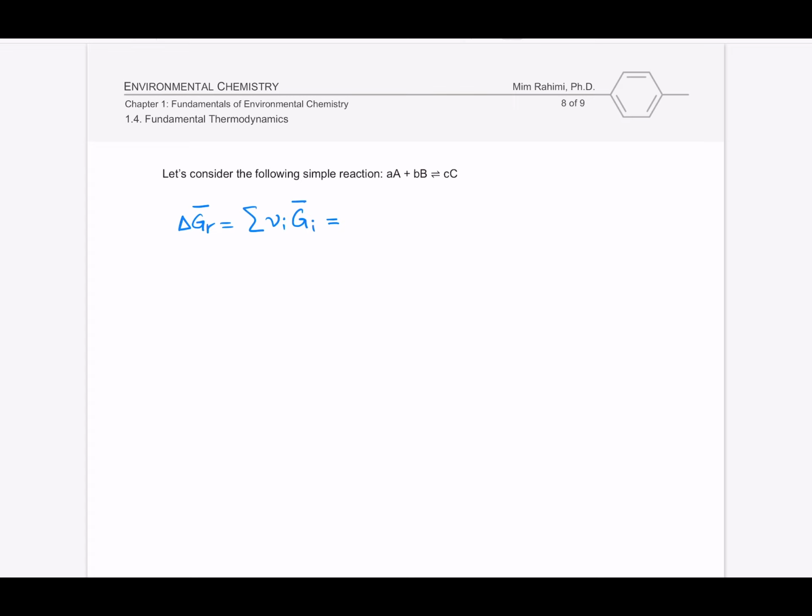So now we can expand this. Keep in mind the stoichiometric coefficient for the reactants is always negative, for the products is always positive. So we're consuming A and B, so this would be minus A of G_A minus B of G_B. We would produce C of G_C.